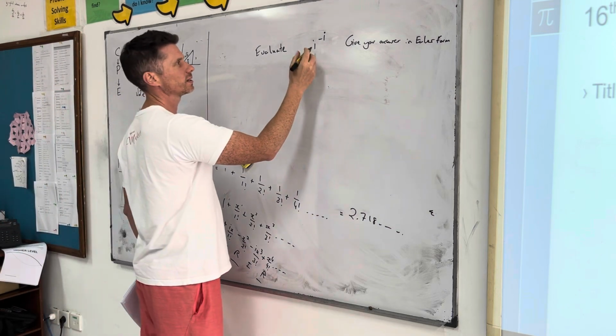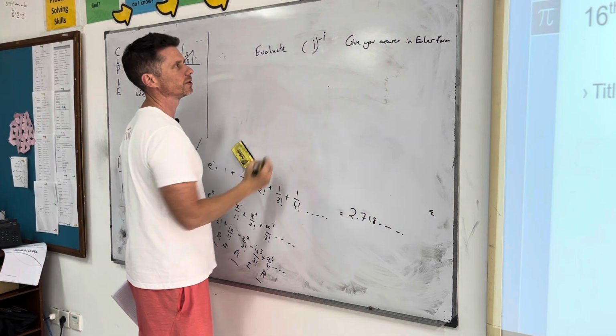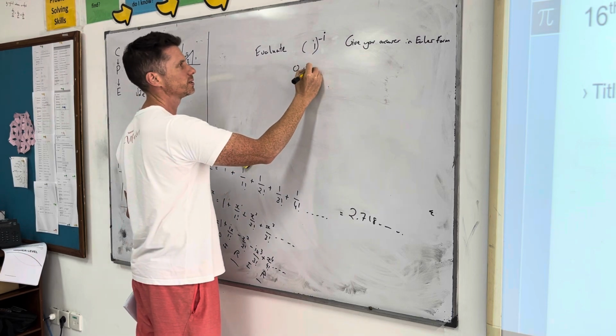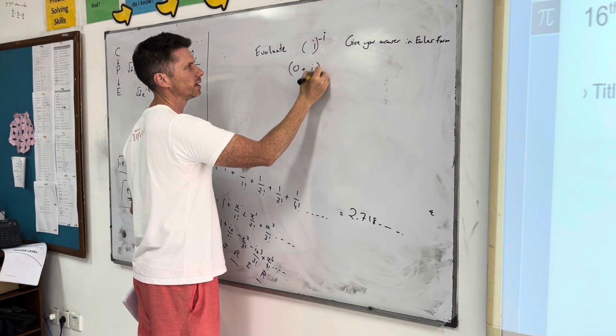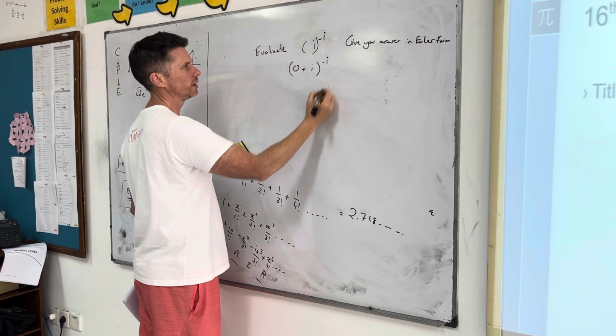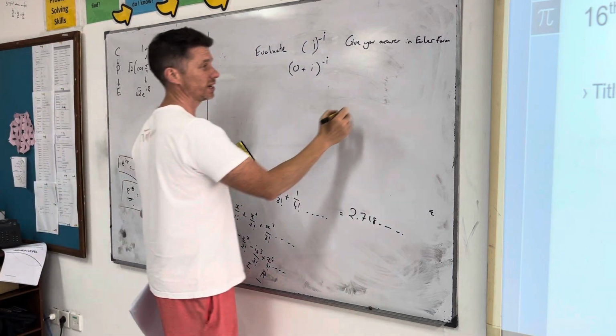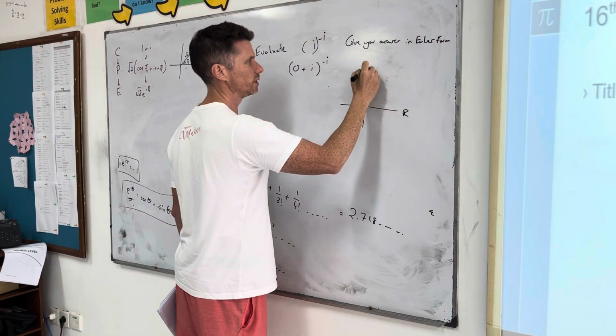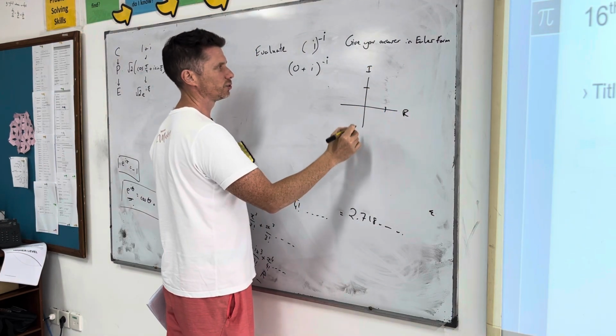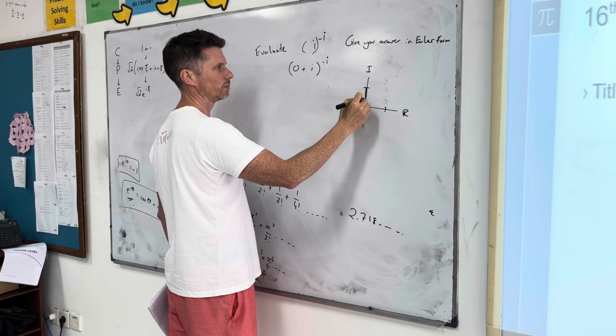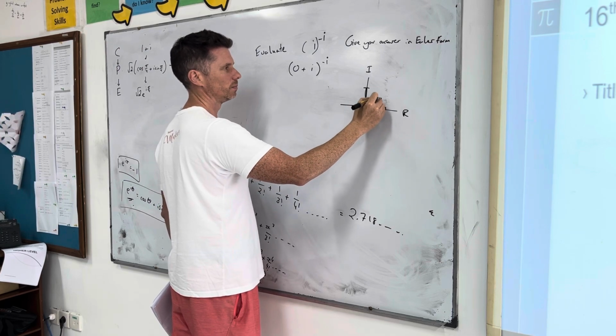Okay, I'm going to take this bit first. That's 0 plus 1i, or 0 plus i. If I were to sketch that on my real and imaginary axes, it would just be here. What's this angle then? Pi over 2.